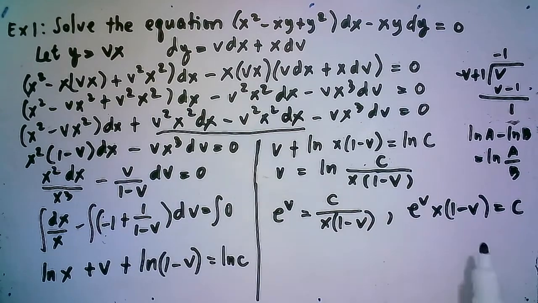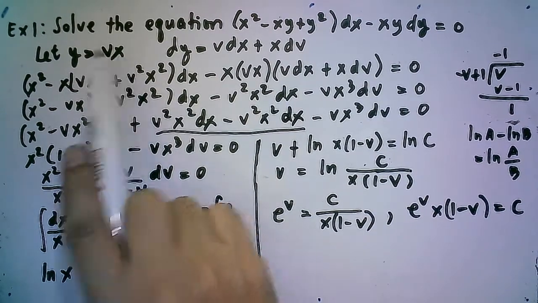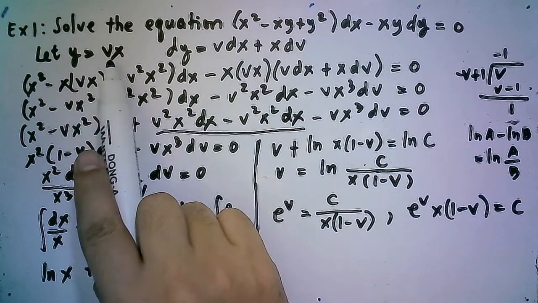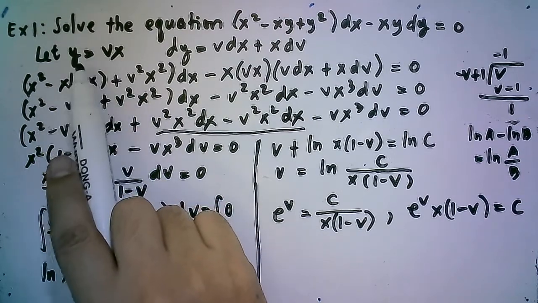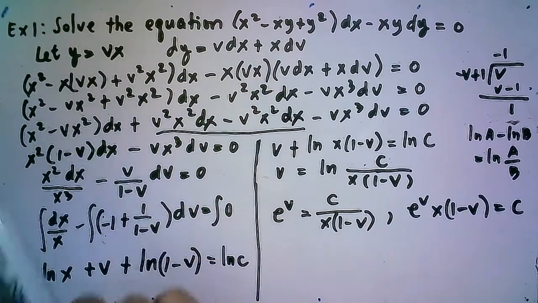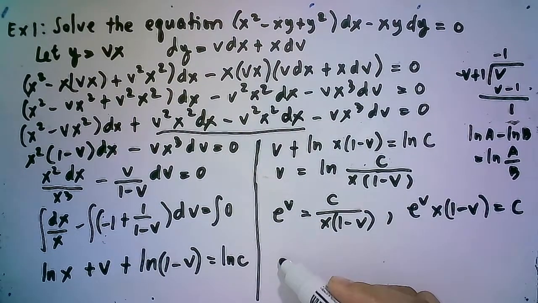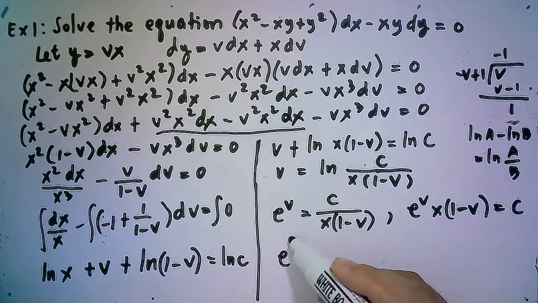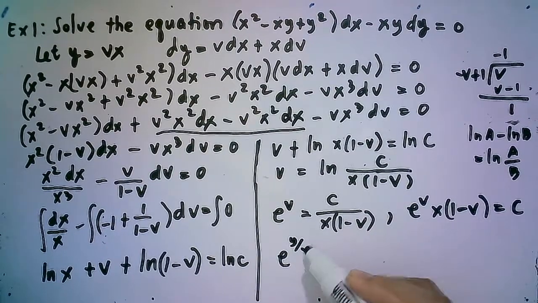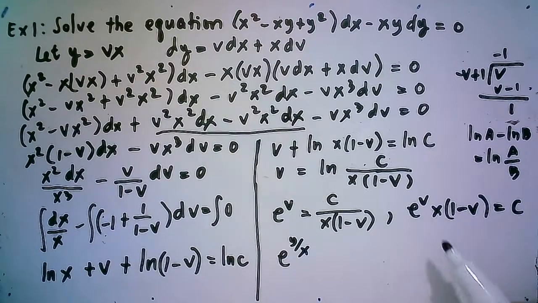Therefore, since this is v, we will transpose x to the other side so that v equals y over x. That is our equivalent of v. So this time, substitute the value of v as y over x. So this is e and then y over x.